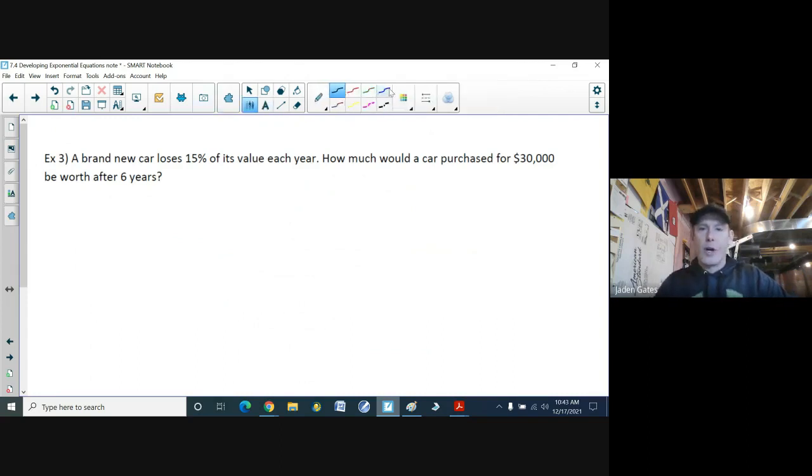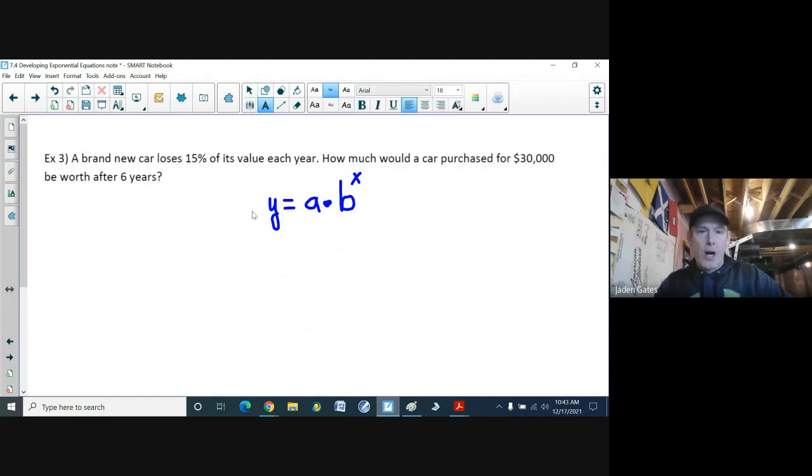Great question, because every car has a depreciation rate, and every one of them is different. Again, our equation is going to be in the form y equals a times b to the power of x. The starting amount: our car is starting off worth $30,000.